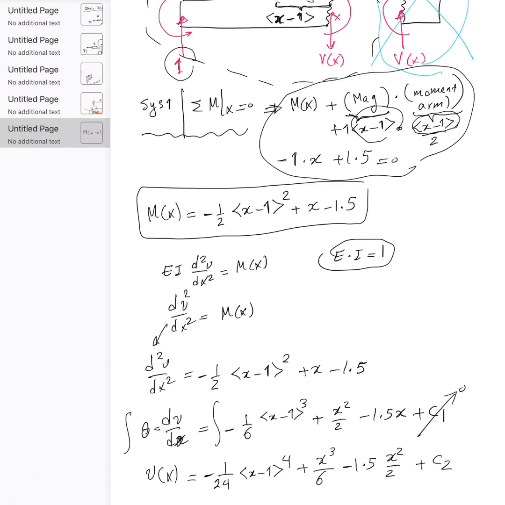Again, you apply v at x equals 0 is 0, then you get c2 is equal to 0. So there you go. This is my equation of deflection. Look at this equation. This equation is a fourth order polynomial. So your deflection is more complicated than all examples we previously covered.